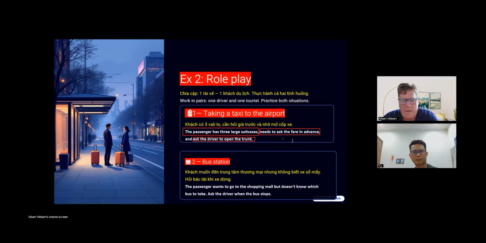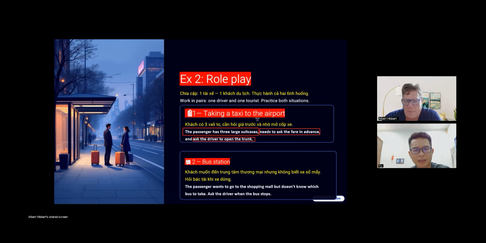Oh, okay. How much is the fare, right? It's a flat rate of $50. Yeah, it is a flat rate of $50. Okay.